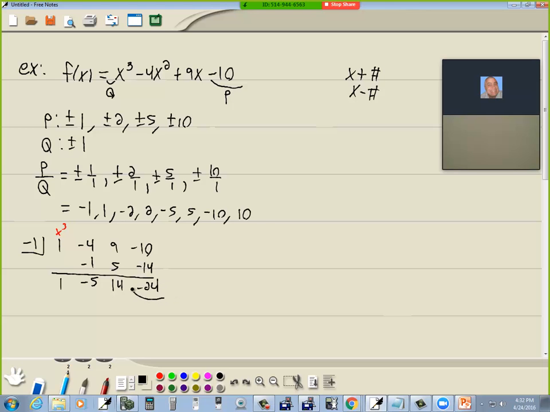And what we're looking for is 0 for the remainder. We don't have 0 for the remainder, do we? Which means that's not one of our answers. We'll then go to our next possible answer, the 1, and plug it in. So we'll add, multiply, add, multiply, add, multiply, add. And again, we're looking for 0 as the remainder, and that's not 0. So that's not one of our answers.